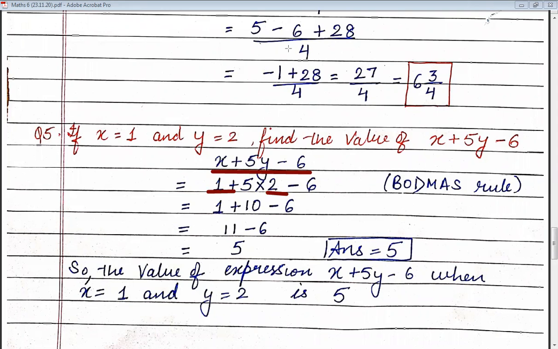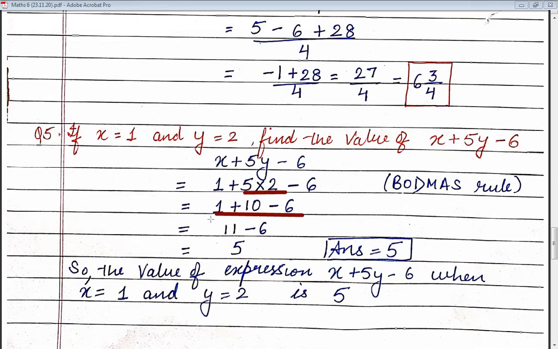What does it become? 1 plus 5 multiplied by 2 minus 6. So now you all know how to use the BODMAS rule. In the BODMAS rule, we have to multiply first. So 5 twos are 10.